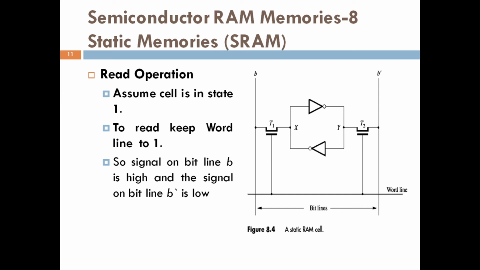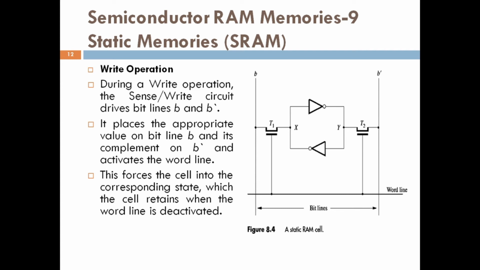Here the sense/write circuit at the end of the bit lines monitors the state of B and B dash and sets the output accordingly. This is how the read operation is performed here. Then the write operation. The state of the static RAM cell is set by placing the appropriate value on the bit line B and its complement on B dash, and then activating the word line.